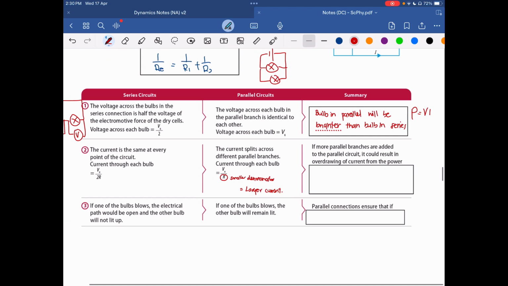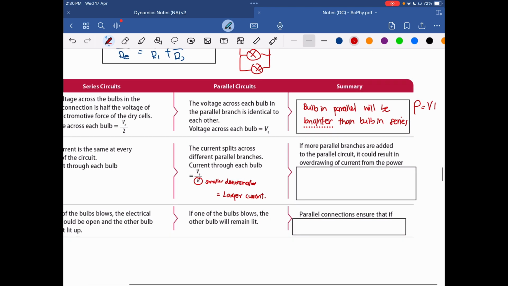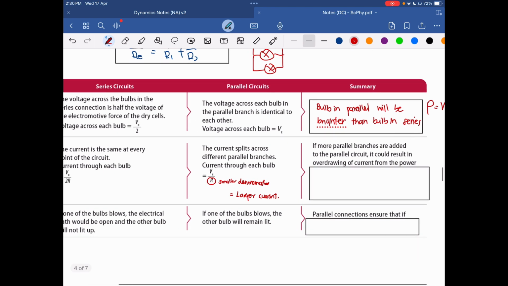Okay, now what happens if, let's say, I add in more parallel branches? So I continue to add in more branches below, right? This could result in the overdrawing of current from the power source, so the power source depletes more quickly.